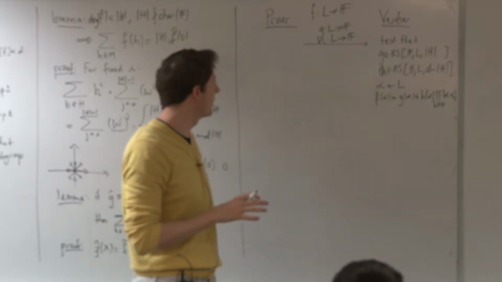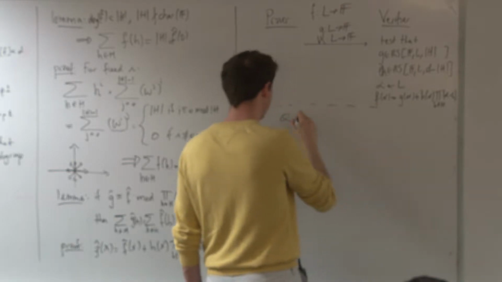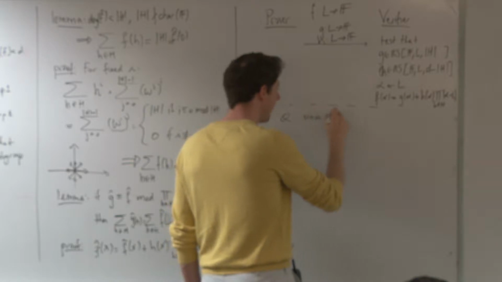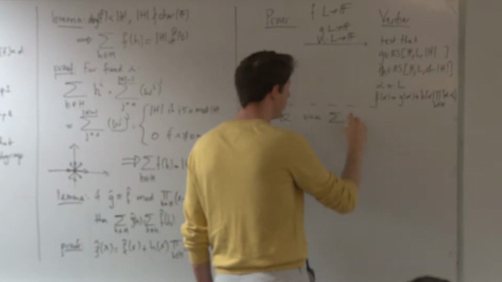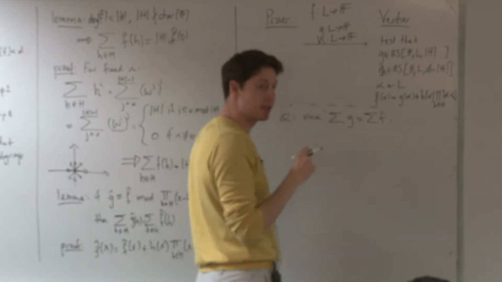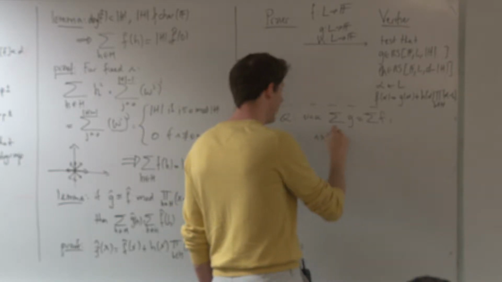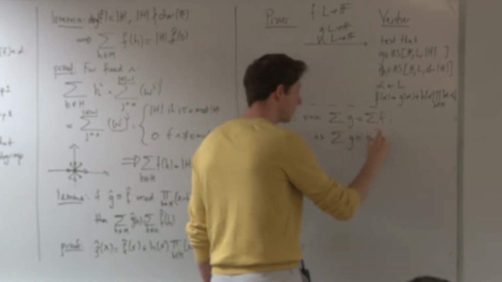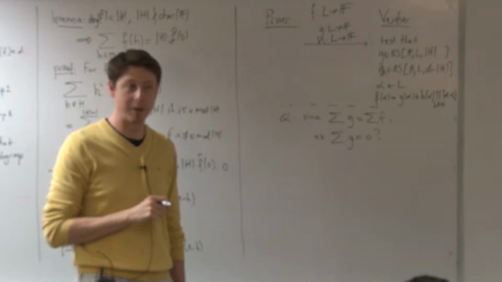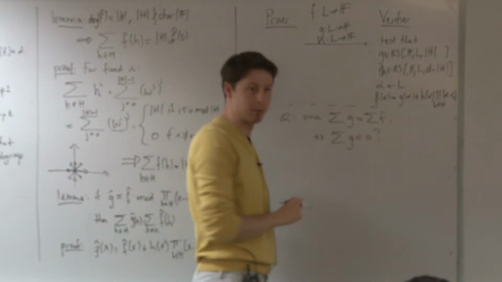But now, as a verifier, my question is this: I know at this point that the sum of g equals the sum of f, and I'm interested in the sum of f being 0. Is the sum of g 0? I know through this test that the sum of g must be equal to the sum of f by construction.